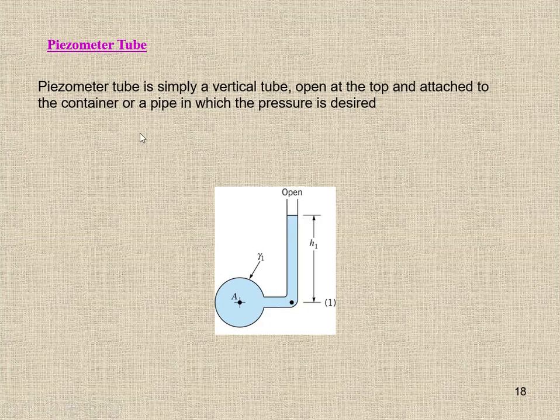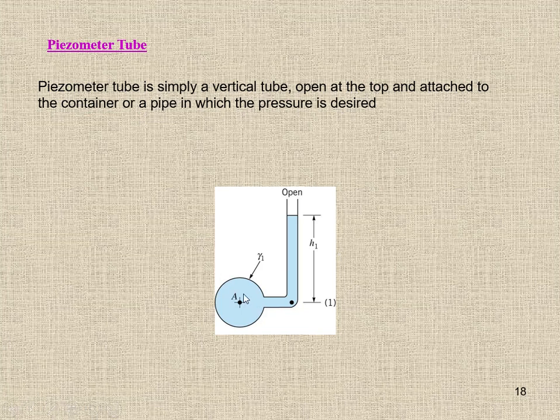So now the piezometer tube. What is the piezometer tube and how do we measure pressure using it? The piezometer tube is simply a vertical tube open at the top and attached directly to the container or a pipe in which the pressure is desired.